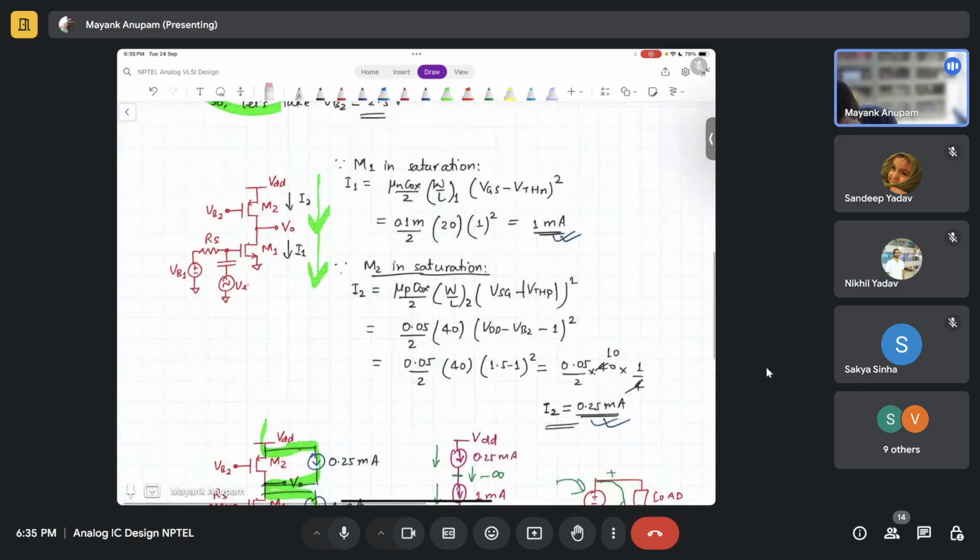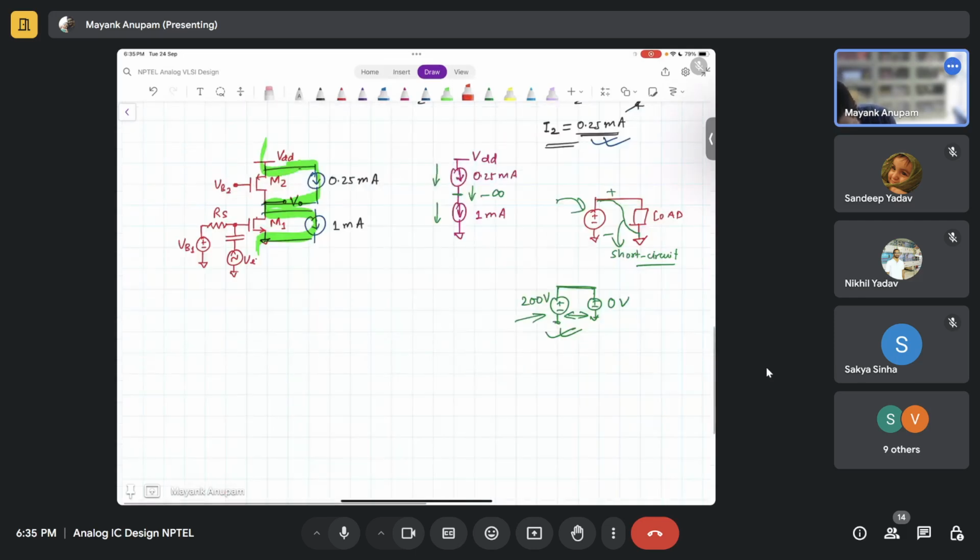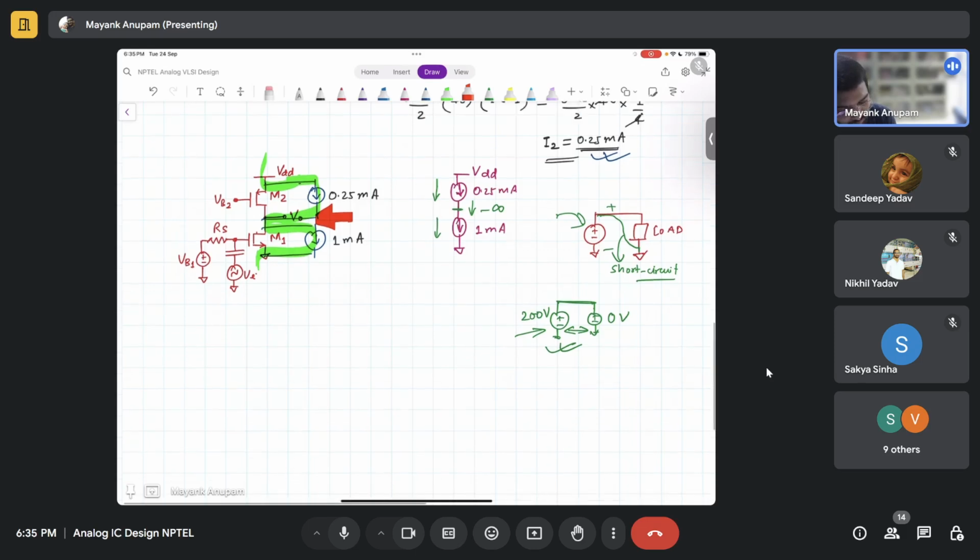So what is going to happen here? What is this voltage going to go to suddenly because of this mismatch in currents? What is V0 going to become?